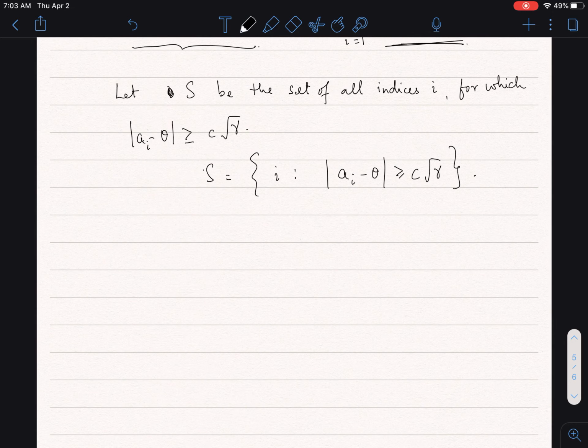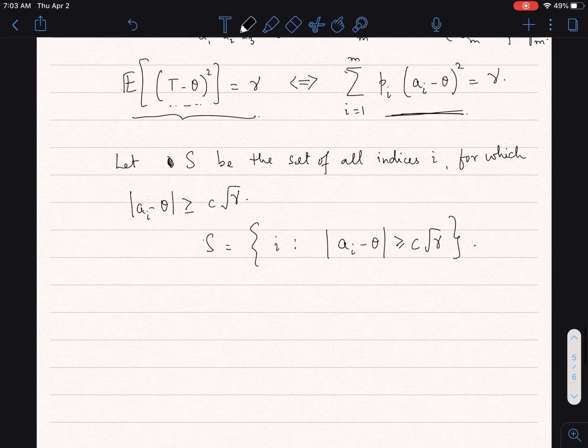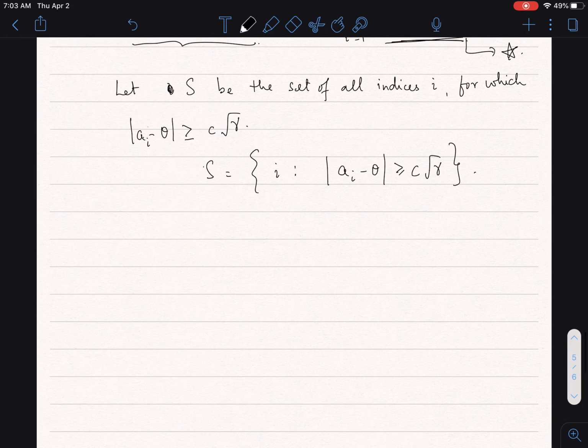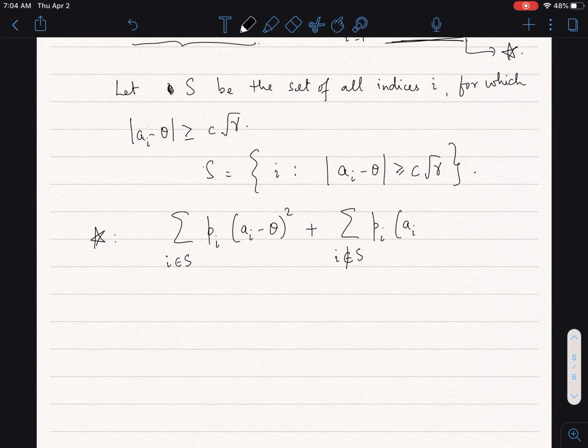So now I can write down this summation. Let's look at what this equality star is saying. Star, I could write as the sum over i in S of pi (ai minus theta) whole squared, plus the sum over i not in S of pi (ai minus theta) whole squared.